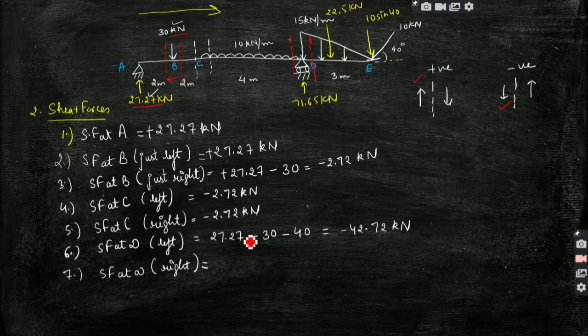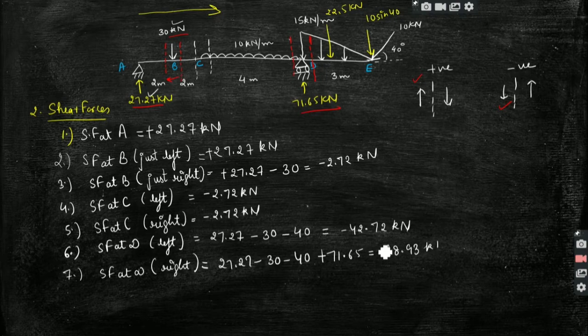But now when I have moved towards the right, there is another force which is 71.65, which is a reaction, and it is acting upward on the left hand side. So we will take it to be positive, right? So 27.27 minus 30 minus 40 plus 71.65. So we will get 28.93 kilonewton in positive sign, right?